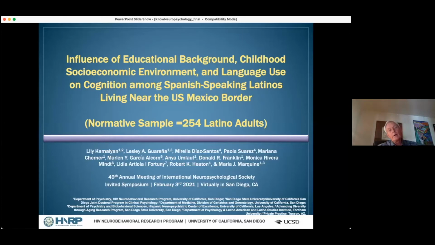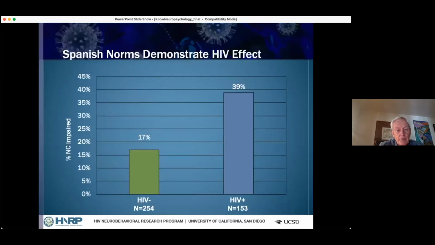And we had 254 Latino adults here. Again, we corrected their results for age, education, and sex. And then in the next slide, you'll see we applied them to the normative sample and to a sizable group of Spanish-speaking HIV-infected people. So next.